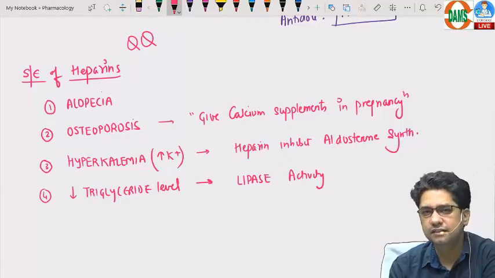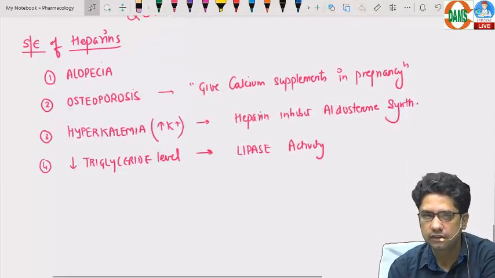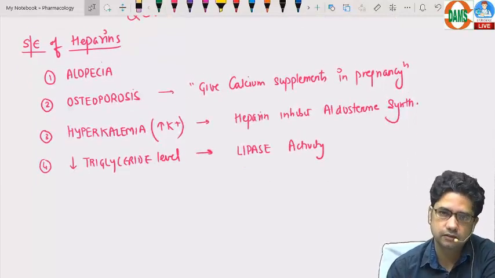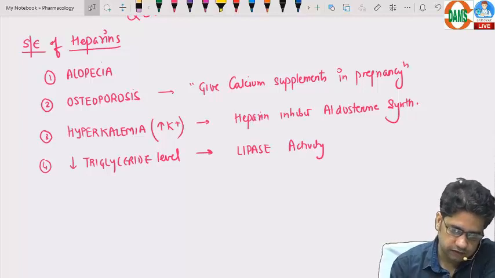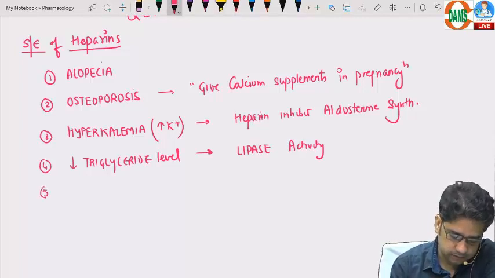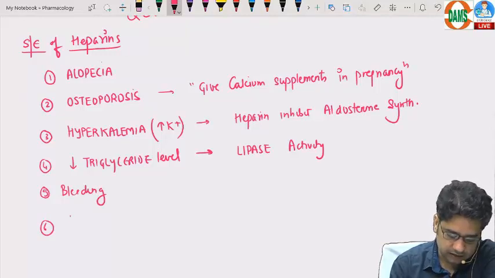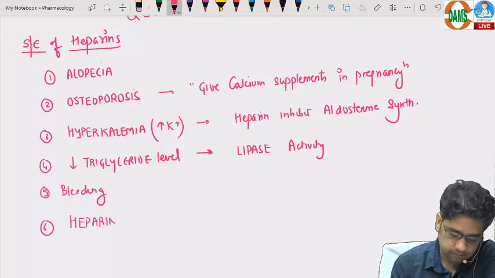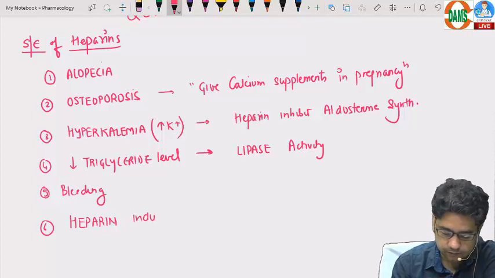It activates one enzyme present on endothelial cell, which I will be telling you, lipoprotein lipase enzyme. And last point, next point is bleeding. And last point which finishes heparin is heparin induced thrombocytopenia.